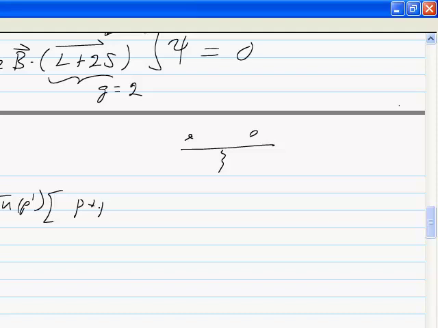you get p plus p prime mu over 2m plus i sigma mu nu q nu over 2m.